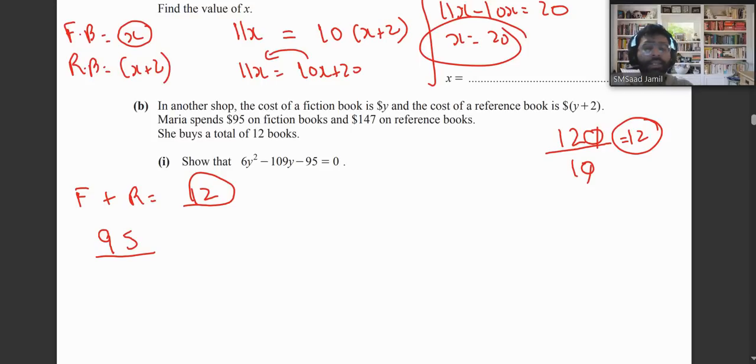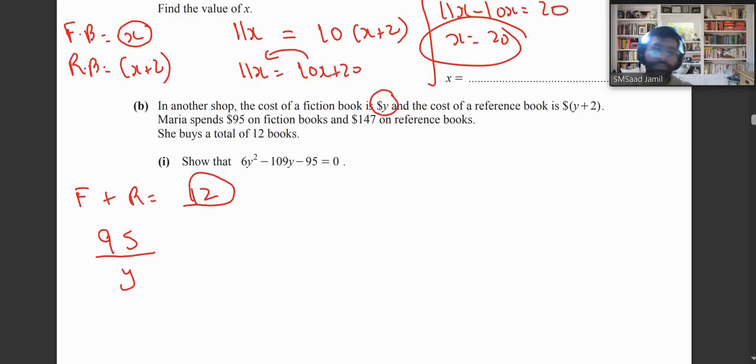We bought $95 worth of books, and we mention the price of each book to find the quantity of books: total price divided by price of each book gives the total quantity bought. Because we do not know the price, we only know Y dollars, so we will write Y over here. I wanted to explain the logic behind it. Most people solve but they do not explain the logic.